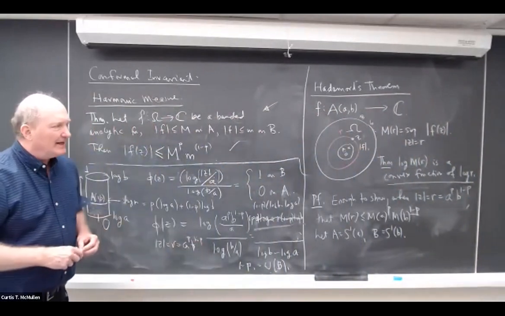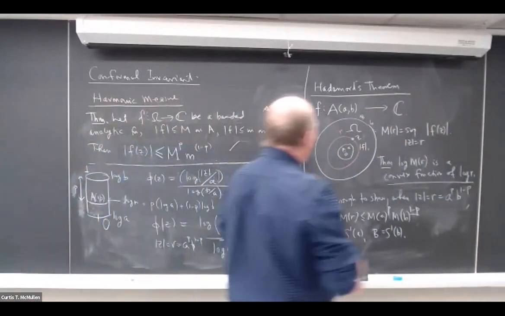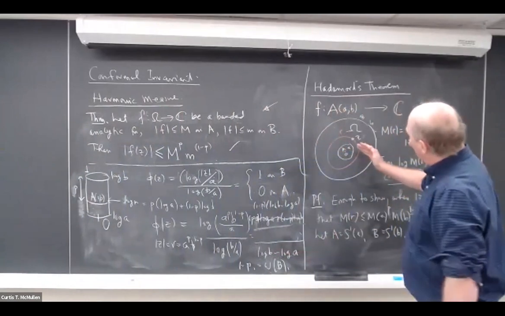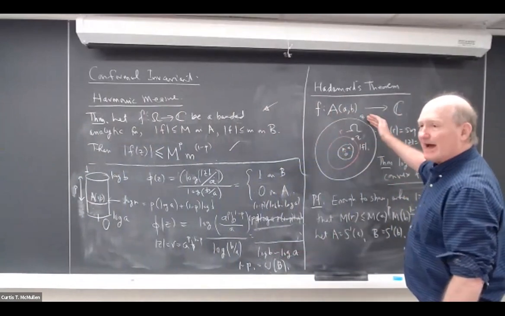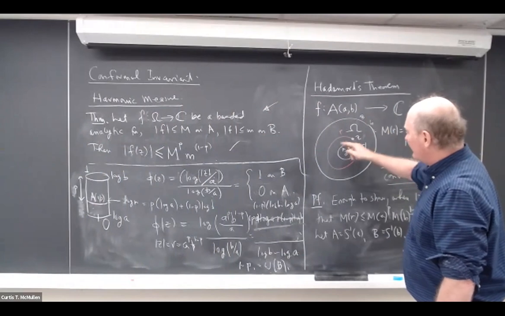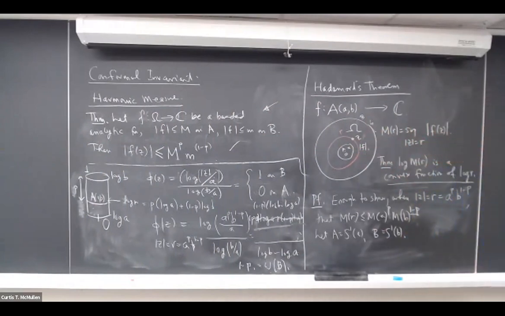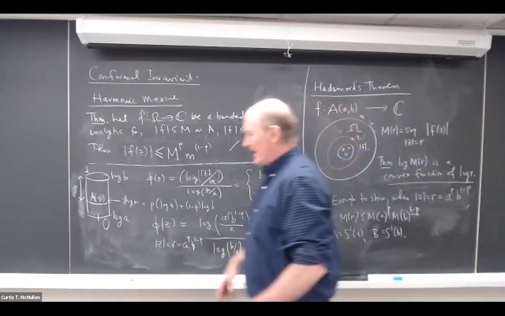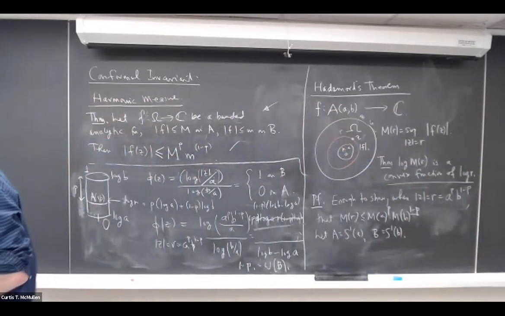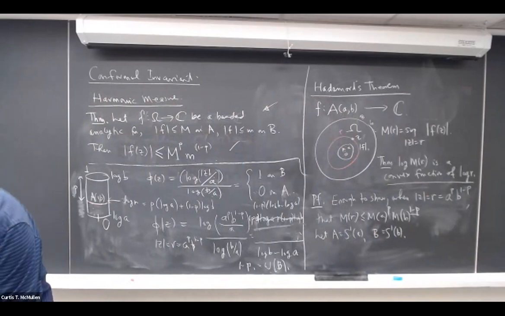Okay, so the upshot is that we know exactly what the harmonic measure is of the inner and outer boundaries of an annulus, even though we don't have a simple formula for harmonic measure on the boundary of an annulus. And by combining that with this basic estimate, we get Hadamard's three-circle theorem.